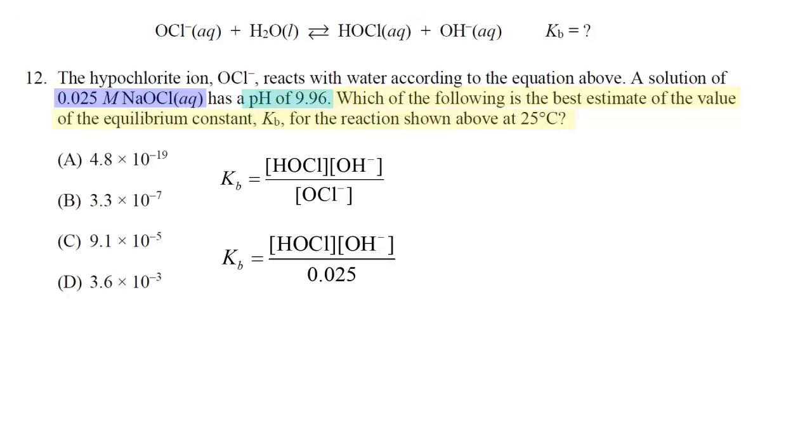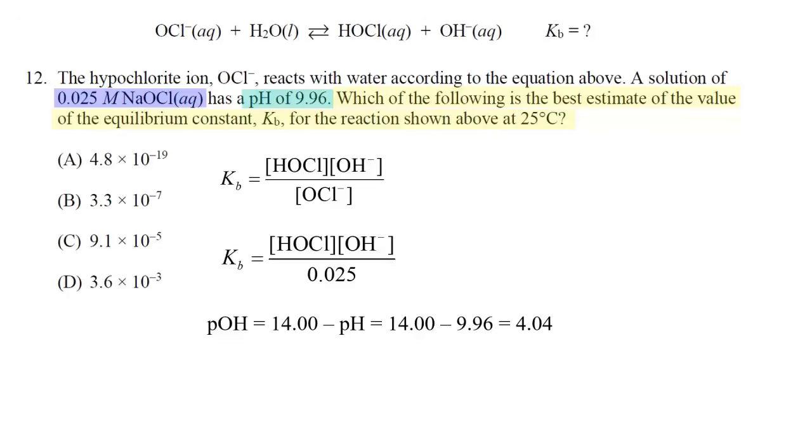So our first step is to convert from pH into pOH. And the relationship between pH and pOH is the following. pH plus pOH equals 14 at 25 degrees Celsius. Therefore, pOH equals 14 minus pH. So 14 minus 9.96 is equal to 4.04.